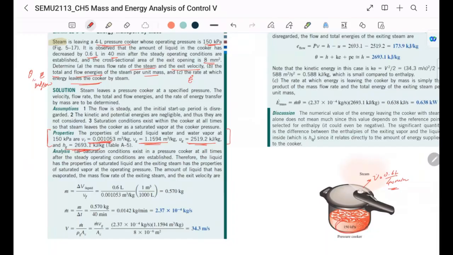Which means we have to multiply with density, or 1 over V. And because this is steam that exits the cooker here, this is for the fluid itself.